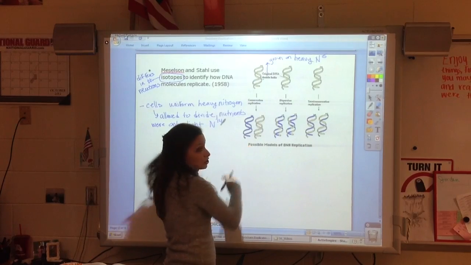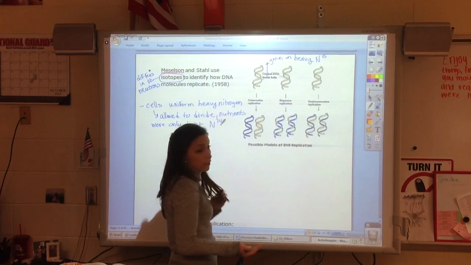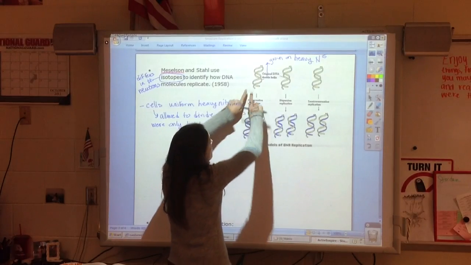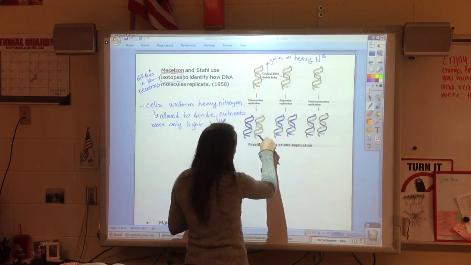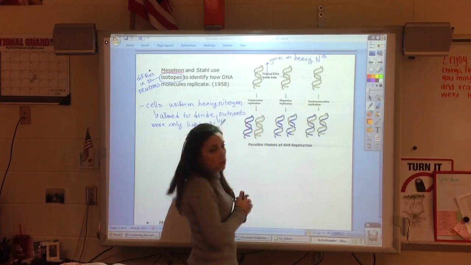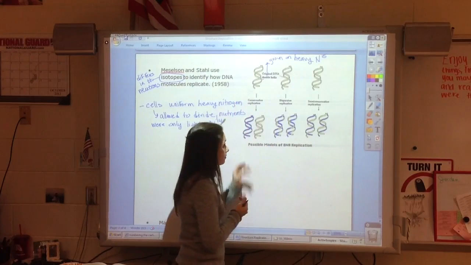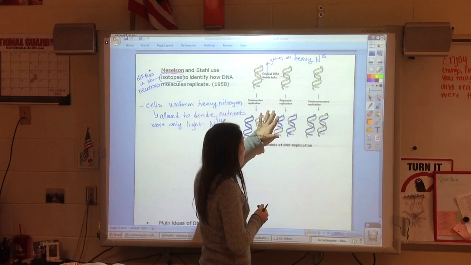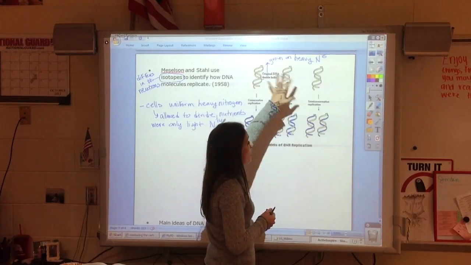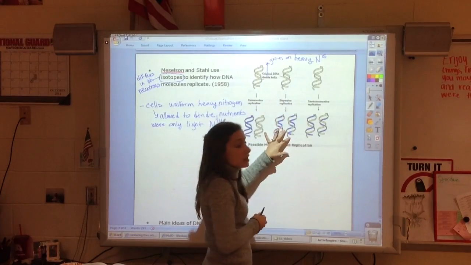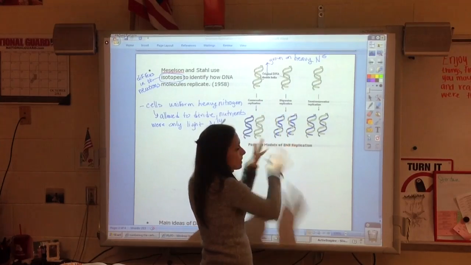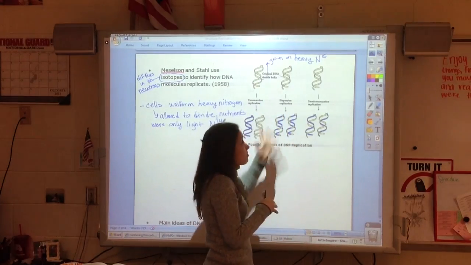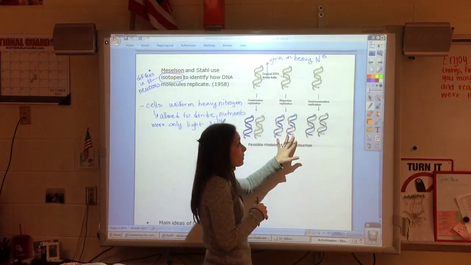The first suggested outcome is called conservative replication. The idea being that it unzips, we copy it, and this one rezips, and here's our completely new one, and that's called conservative. Dispersive replication is the idea that somehow the DNA broke up into pieces and recombined so that the two were just a mixture of the parent and the new.